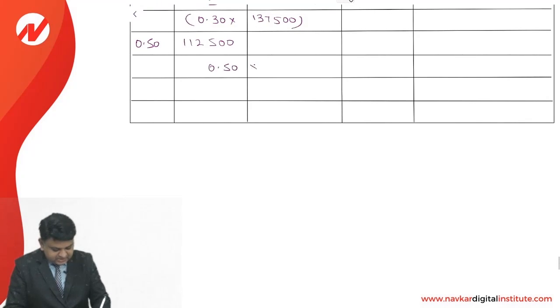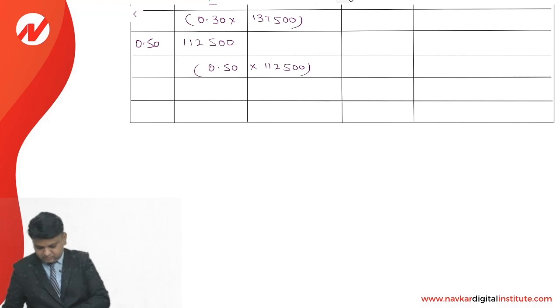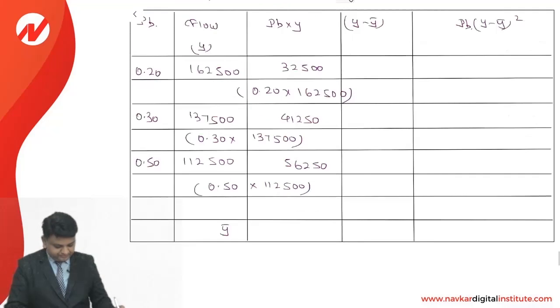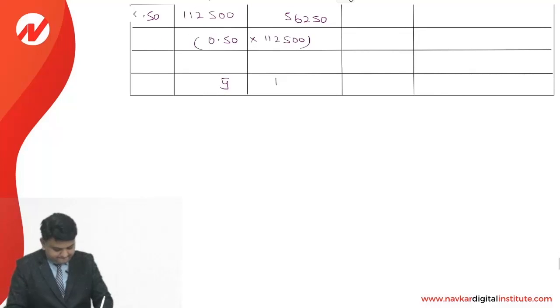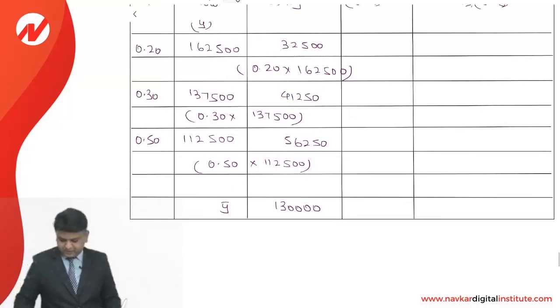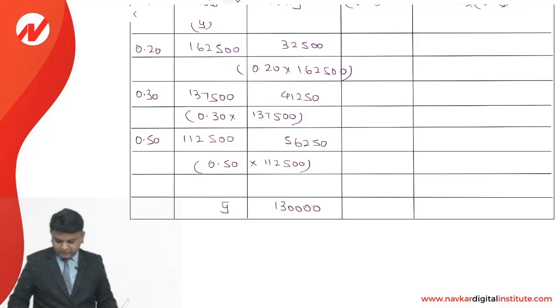There are 50% chances 112,500. So 56,250. So it is Y bar, that is the mean value. So it is 130,000: 32,500 plus 41,250 plus 56,250.